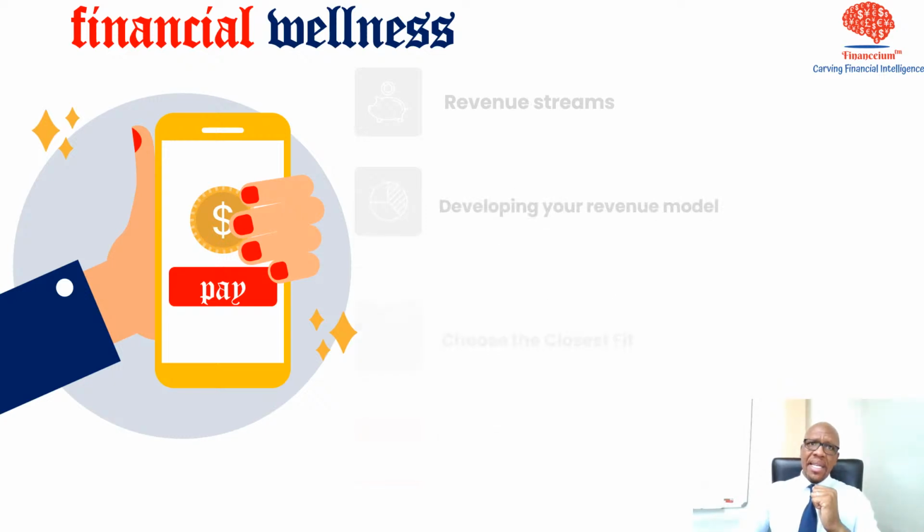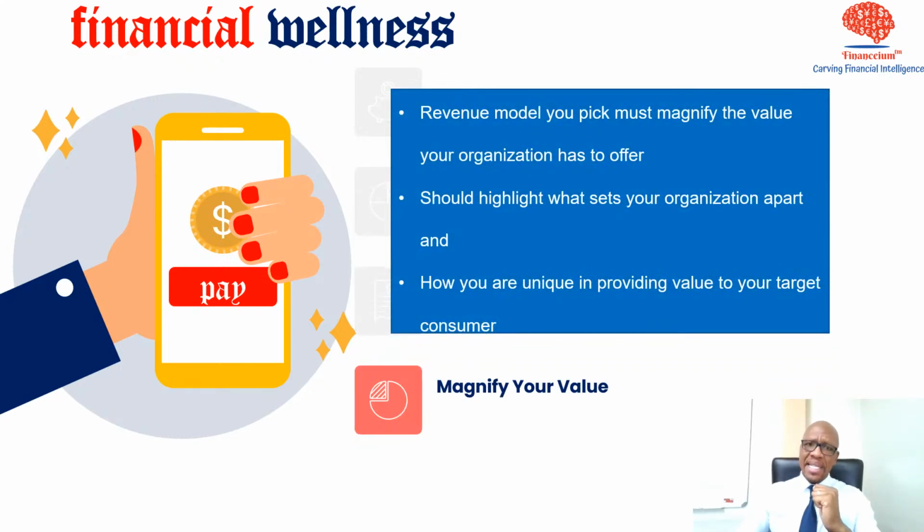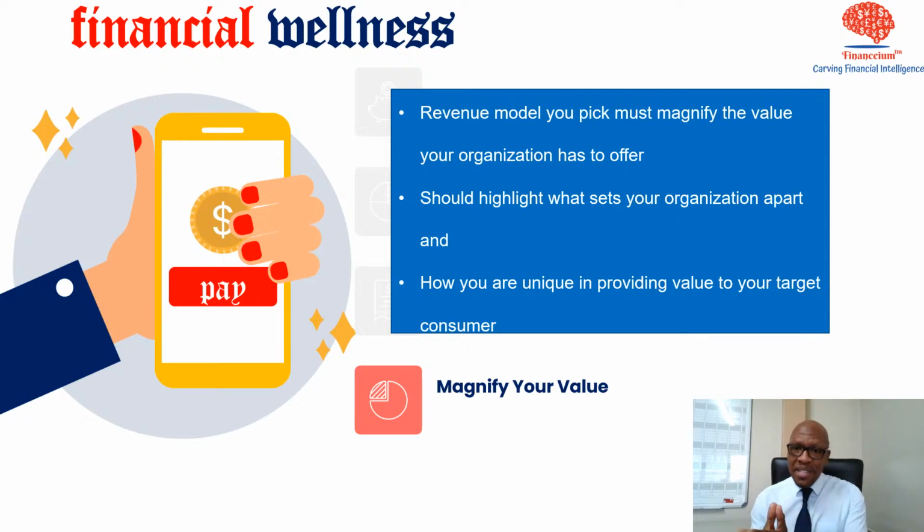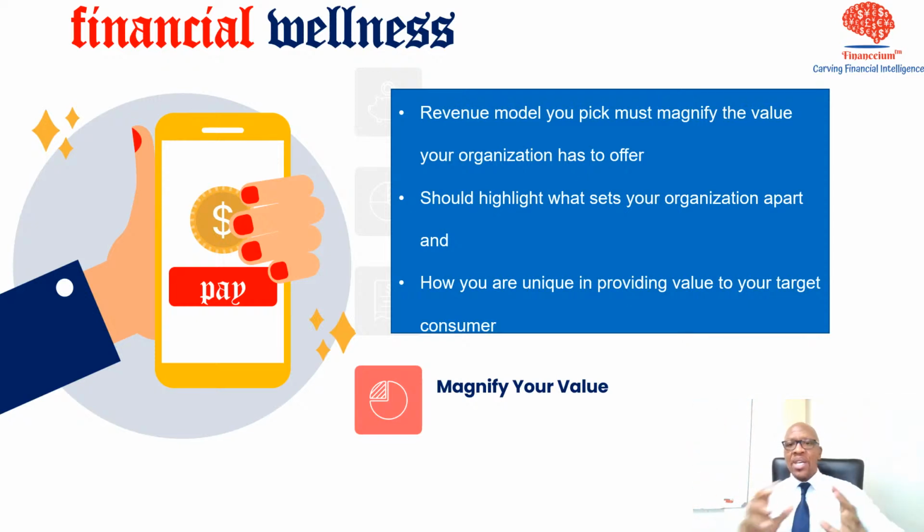And the last item is magnifying your value. You remember, revenue is really a function of your pricing, and pricing is a proxy for value proposition. It really is what it is. So how you're pricing, you're communicating your value.